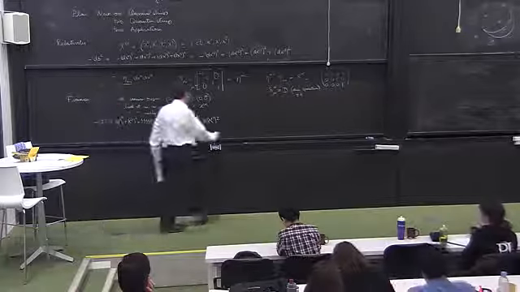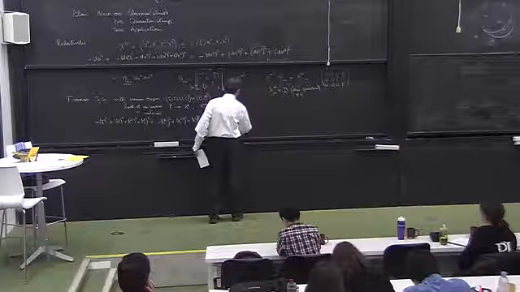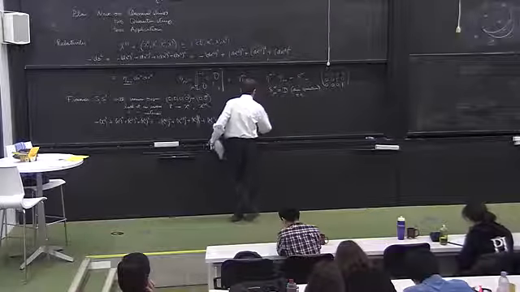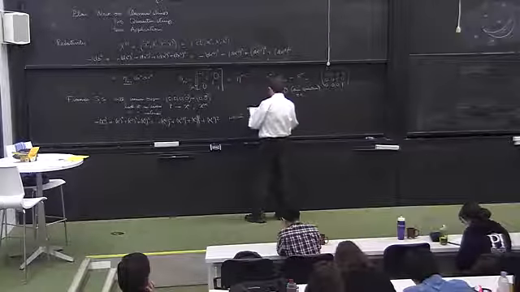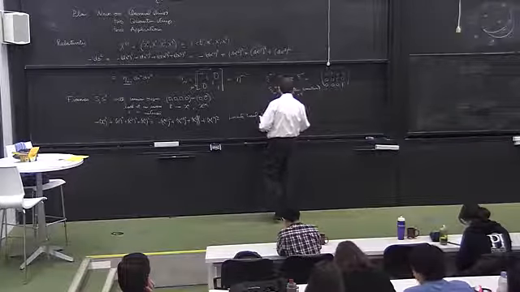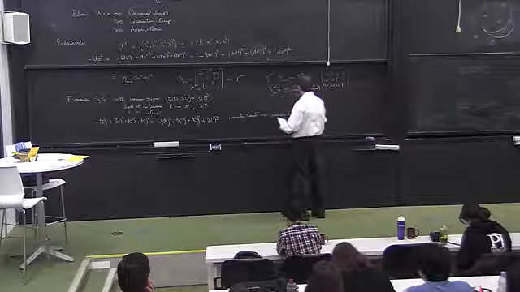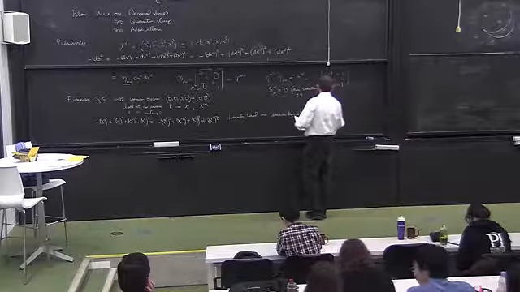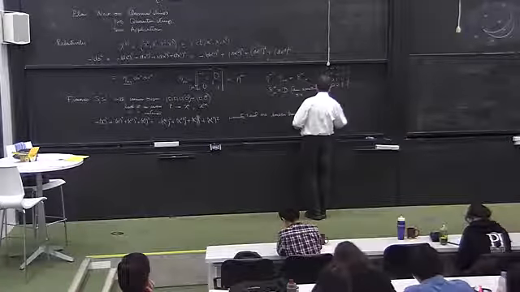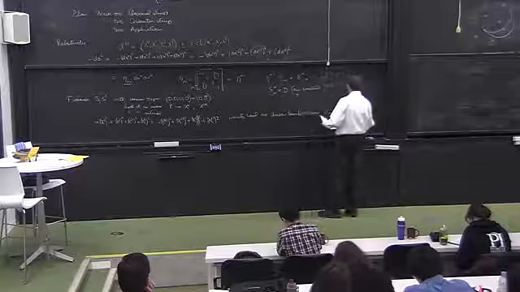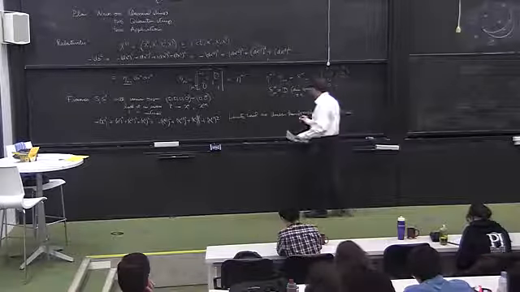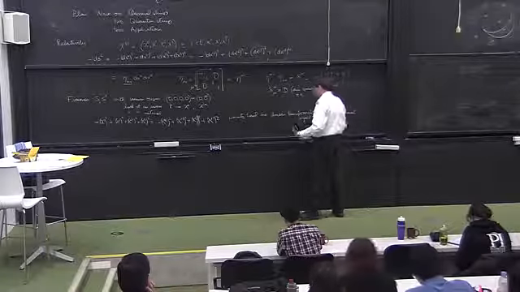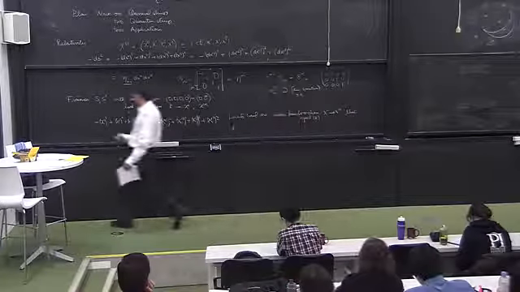Lorentz transformations are linear transformations x mu to x prime mu that respect this formula that we call star.